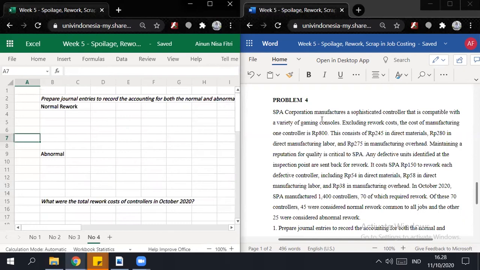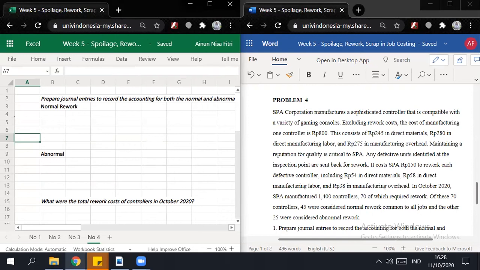SPA Corporation manufactures a sophisticated controller that is compatible with a variety of gaming consoles. Excluding rework costs, the cost of manufacturing one controller is $800. This consists of 245 in direct materials, 280 in direct manufacturing labor, and 275 in manufacturing overhead. Maintaining a reputation for quality is critical to SPA.